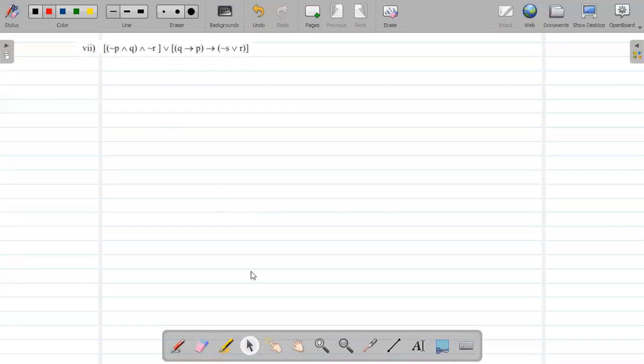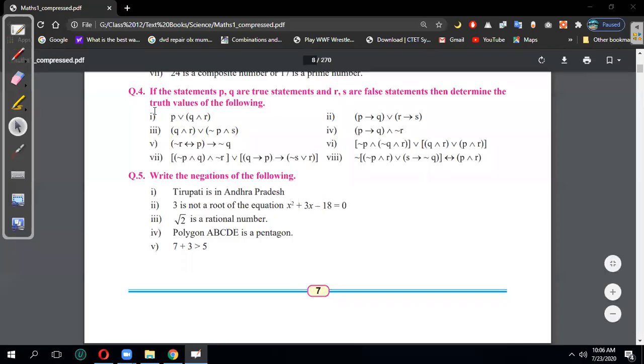So first tell me, what is the value of P? Just see the question. Again, question number 4. P, Q are true, R, S are false, right?